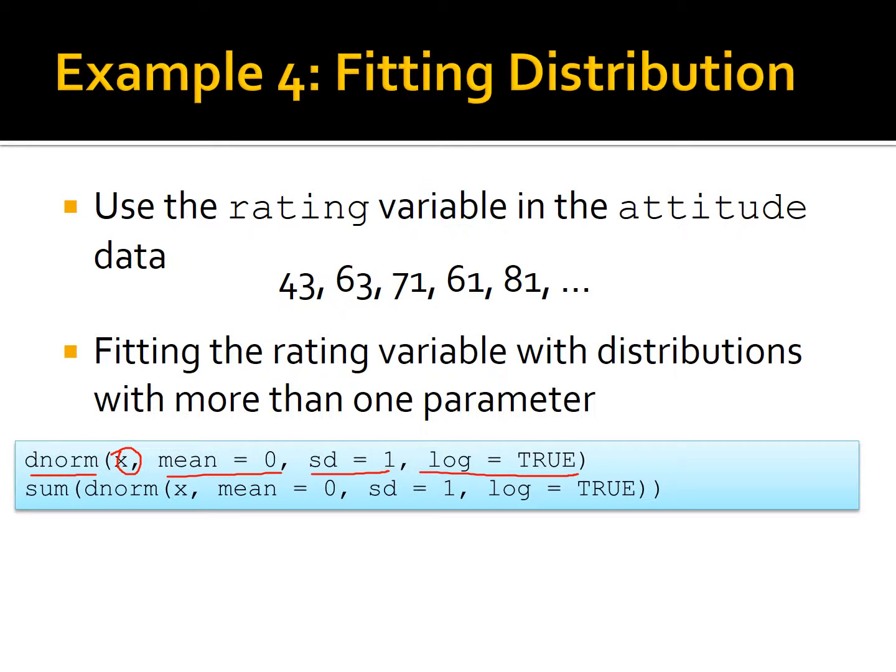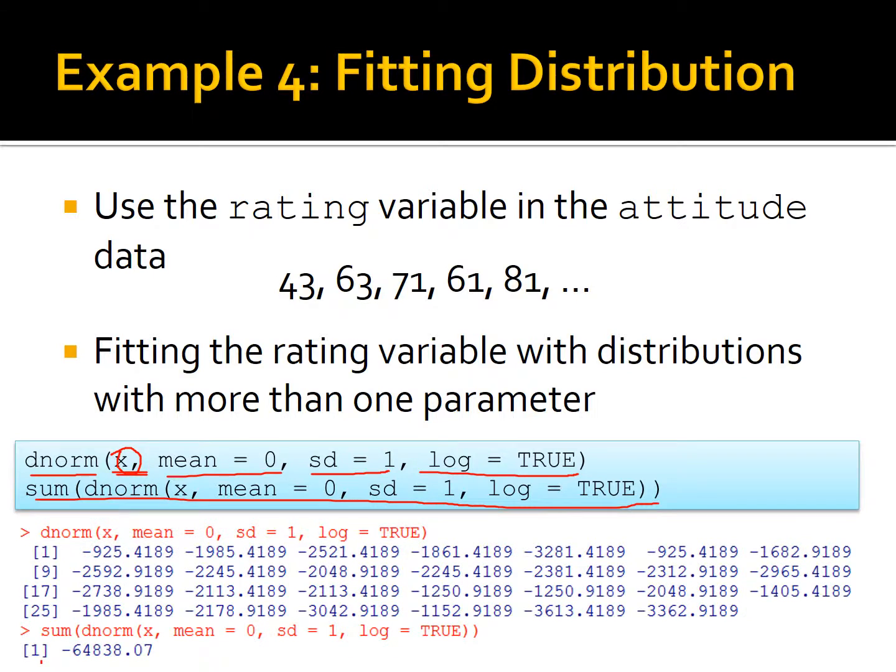We would like to see, if my distribution is the normal distribution with mean of 0 and standard deviation of 1, what is the likelihood of that distribution to be underlying the rating variable. And then I got the likelihood of each individual data point, then we can sum it together. So this is the result.